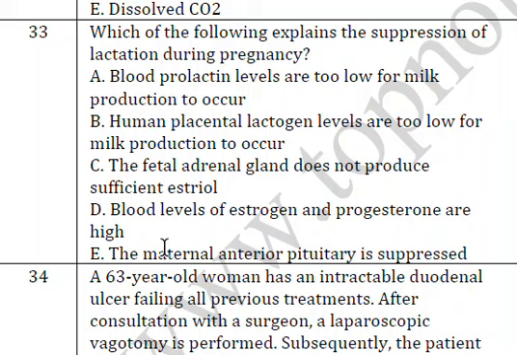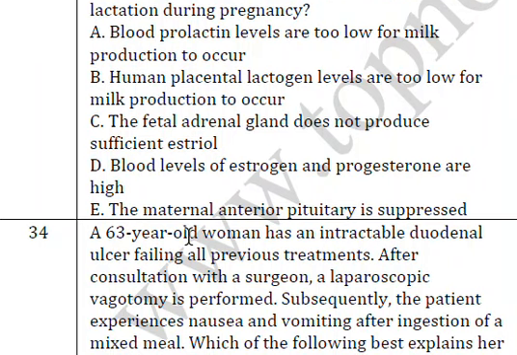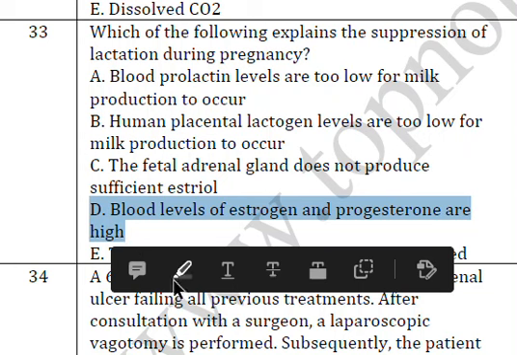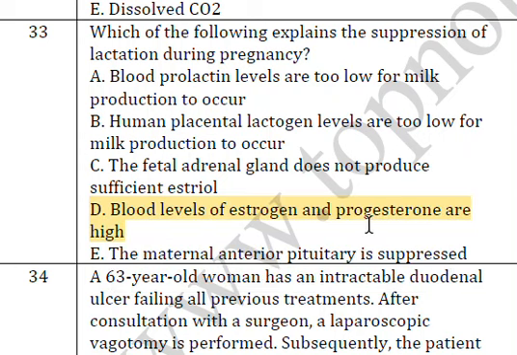D. Blood levels of estrogen and progesterone are high. E. The maternal anterior pituitary is suppressed. And the answer is D. Blood levels of estrogen and progesterone are high.